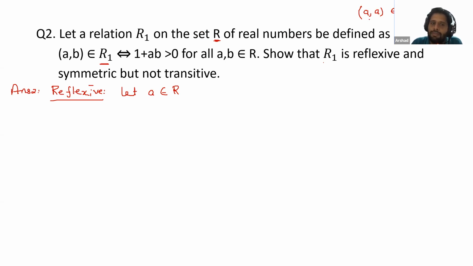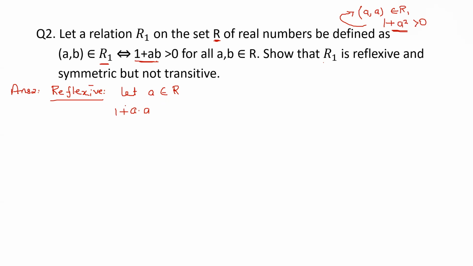What does this mean? This means apply this condition that 1 plus a square is greater than 0. So we need this condition, 1 plus a square is greater than 0. If this is correct, then we will write this step. Now let a belong to R. Now 1 plus a square, a into a. Suppose a is negative, then a into a will be positive.